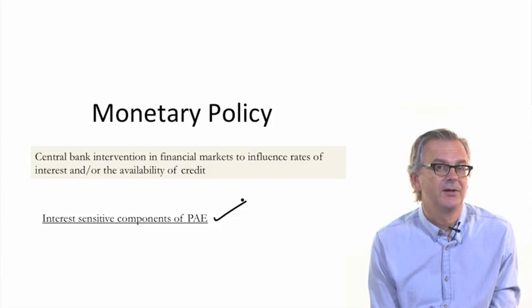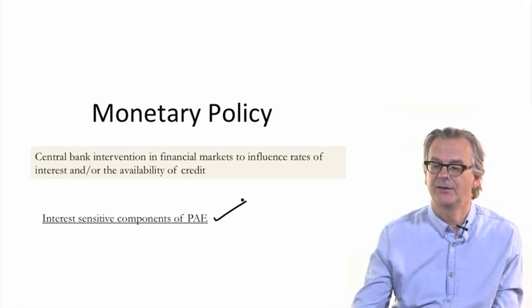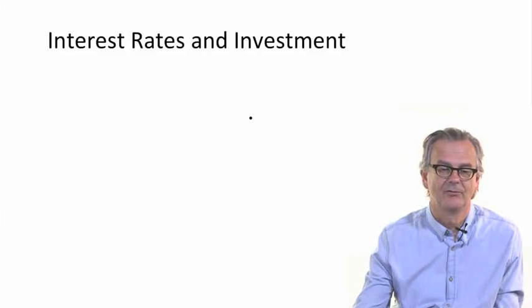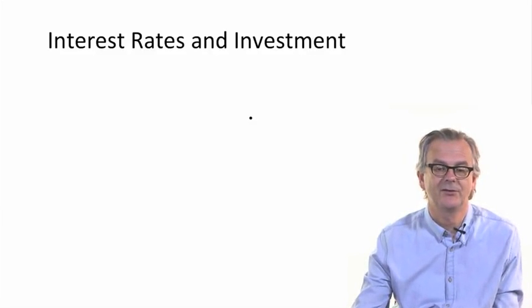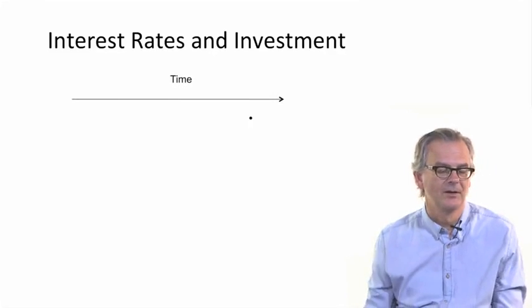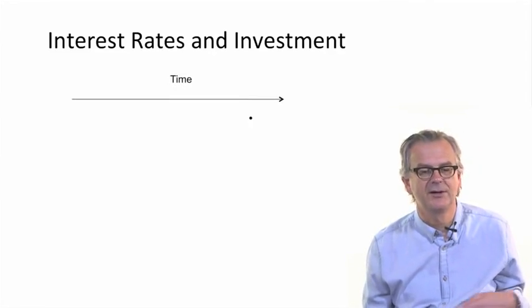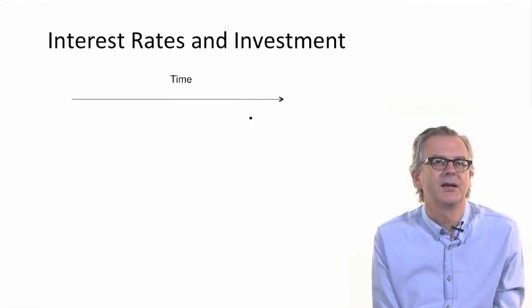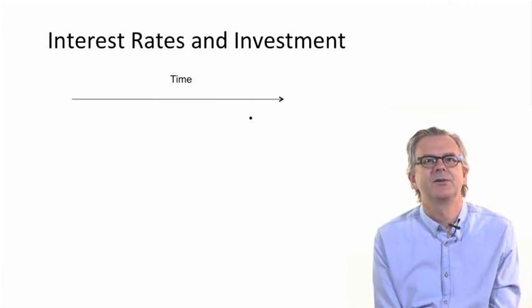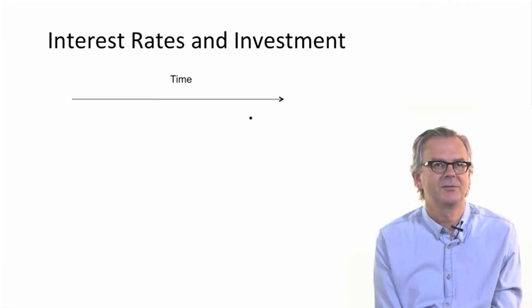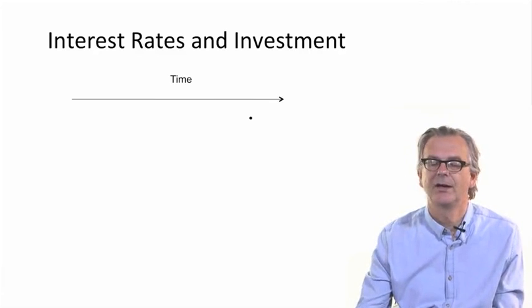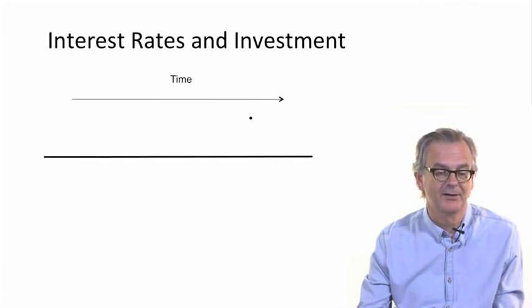But it seems for many economies, the most interest-sensitive component of planned aggregate expenditure is investment, planned investment, and that's what we are going to focus on, the link between interest rates and investment. We've spoken a little bit about this before, so let me just formalise why interest rates might be so important. It gets back to the nature of investment and how the benefits of investment are only received after some time has elapsed.